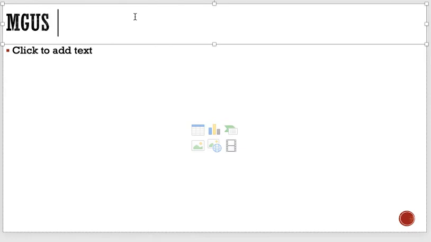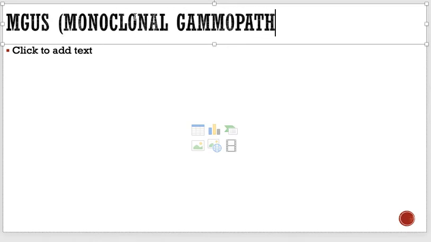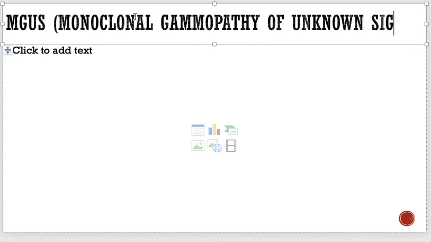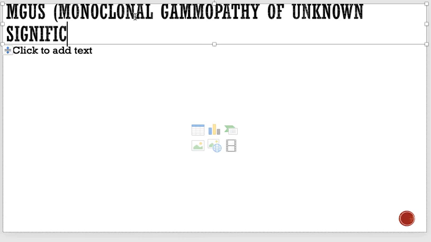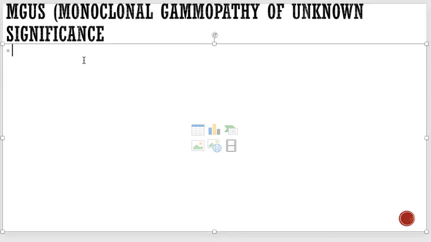What is MGUS? It is monoclonal gammopathy of unknown significance.